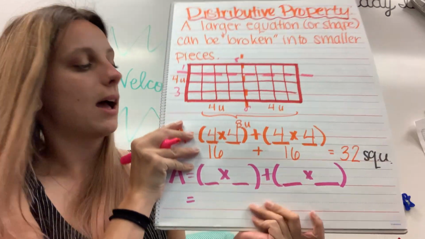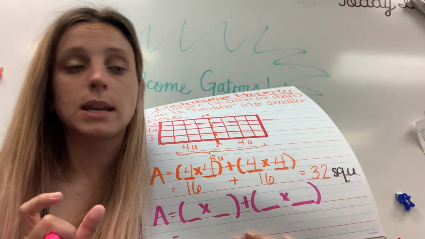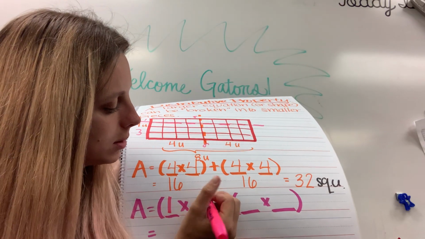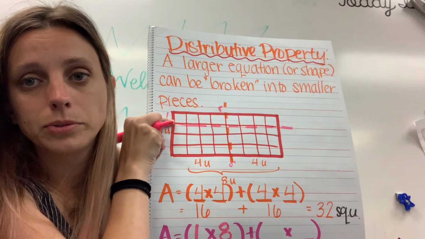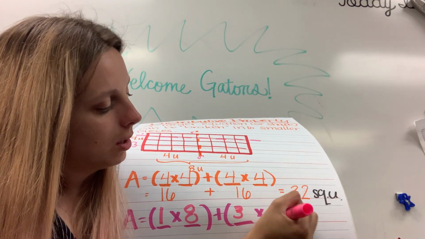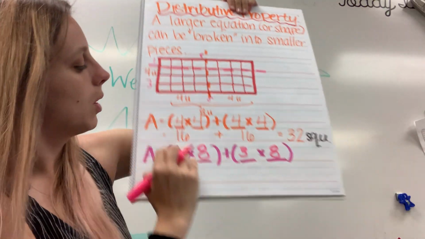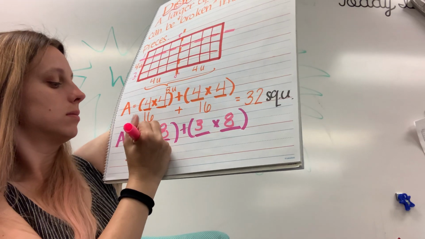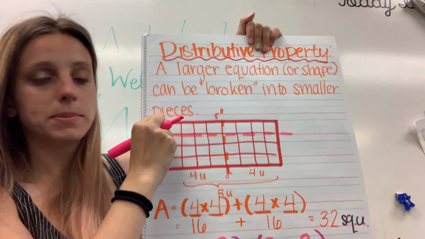So I can find the area of the whole shape using those 2 smaller rectangles. So I have 1 times 8 for the top rectangle that I cut off, and I would have 3 by 8 for the bottom. All right, so 1 times 8 would be 8. So that's the area of this top section.